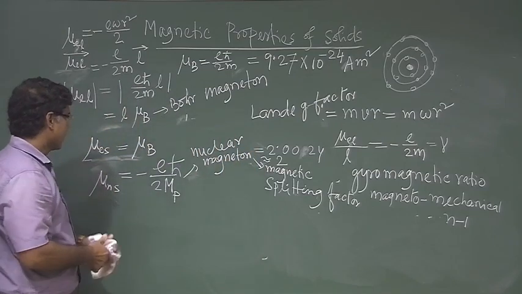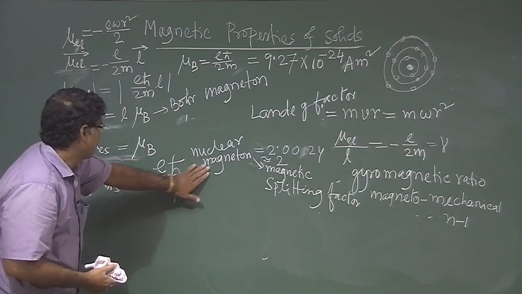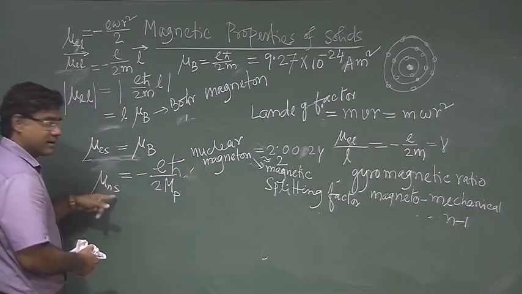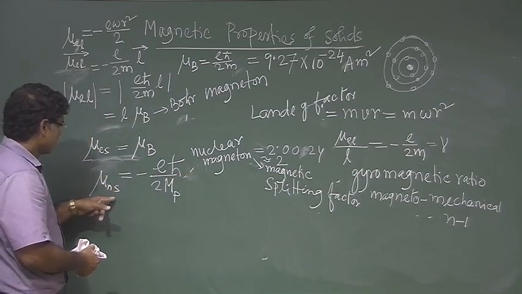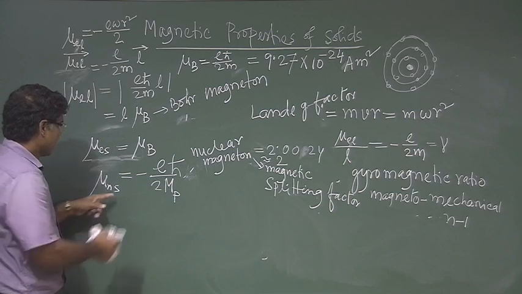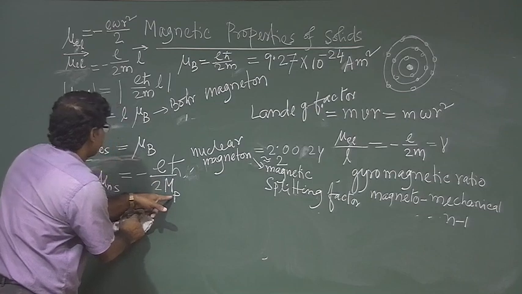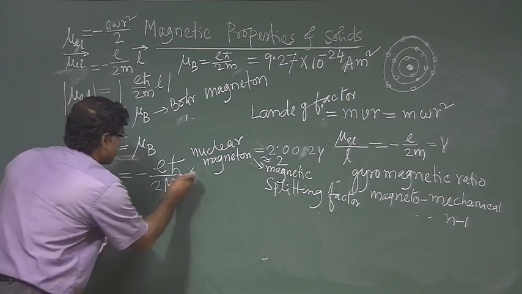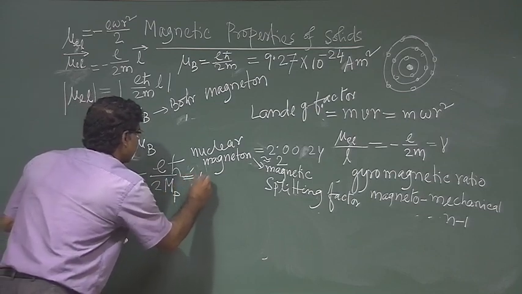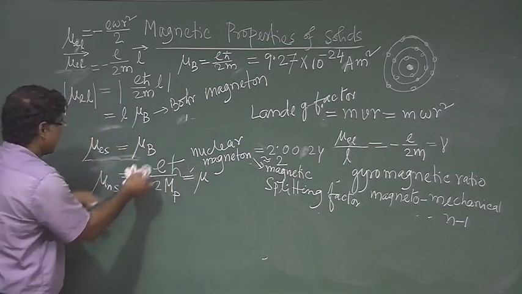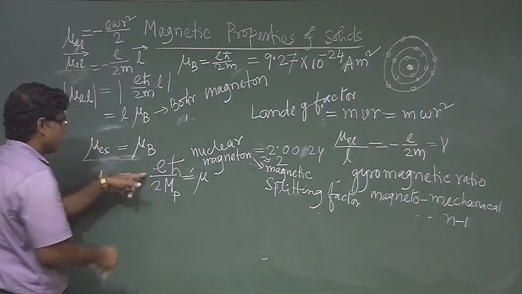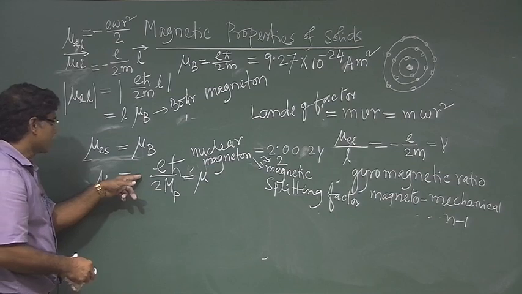Okay, nuclear magneton, and that value is mu n, which is e h cross by m p. So this is what I am writing as mu n. For magnitude I am just taking this, the minus comes for direction.